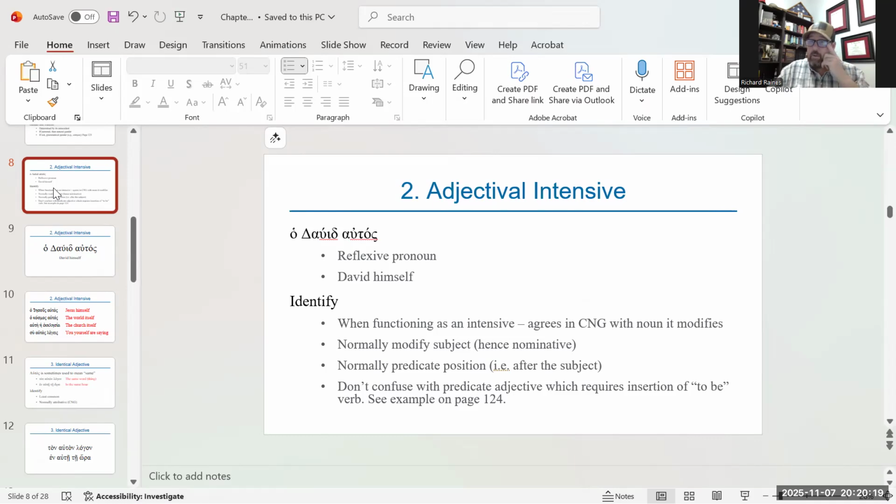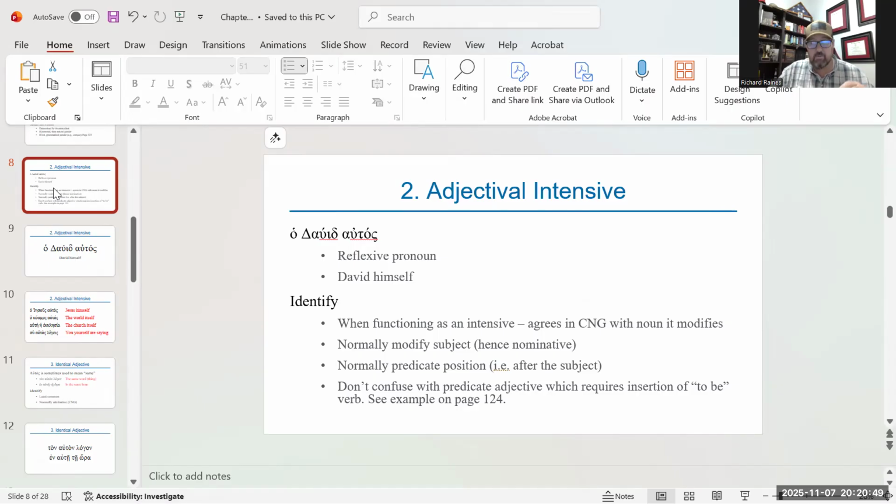Well, we learned that when you have an adjective that follows a noun in this way, you are going to insert the to be verb, he is or is. And so you would translate this sentence, Jesus is good, right? See, you added the to be verb.